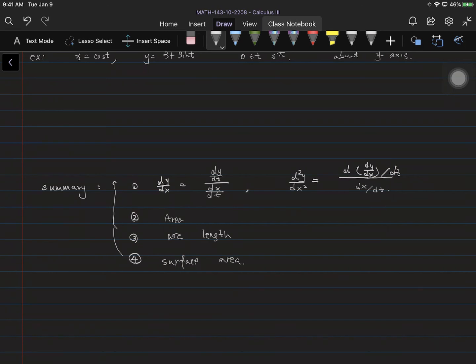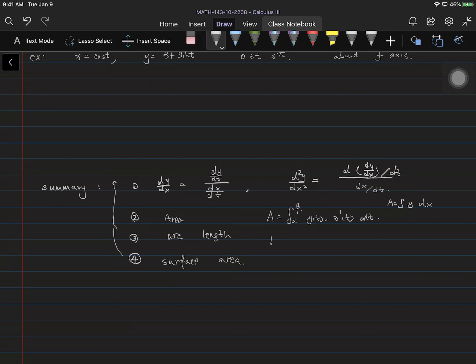So the area equals what? The formula is A equals the integral from alpha to beta of y, so you don't need to memorize the formula. That's before we have this one, right? So here just y(t), dx is x prime(t) dt.